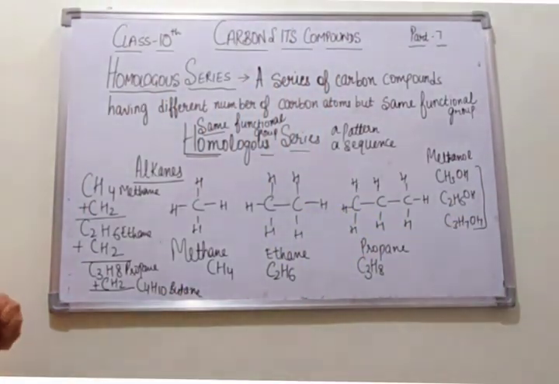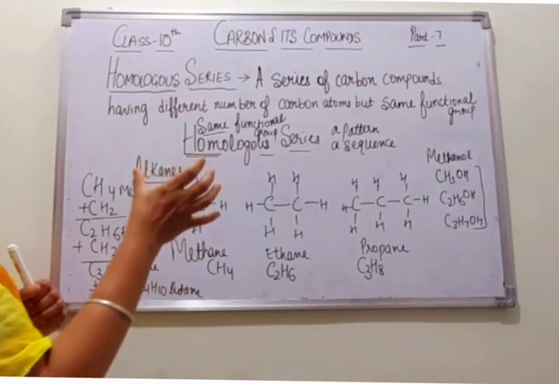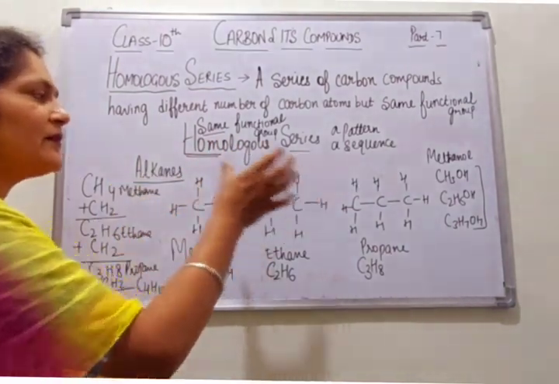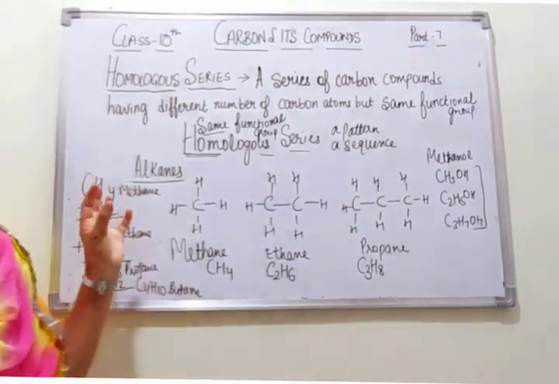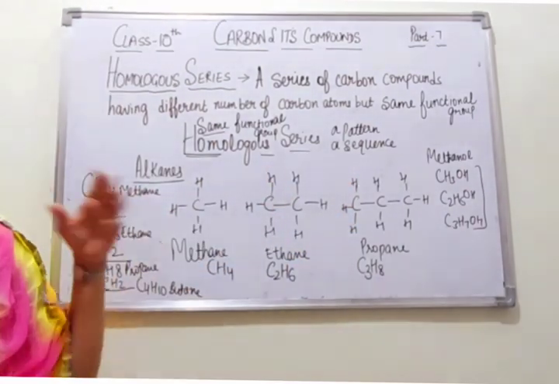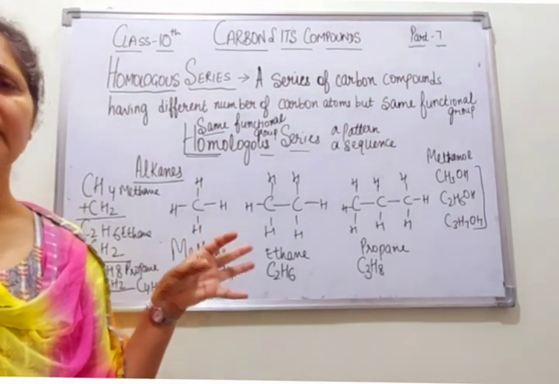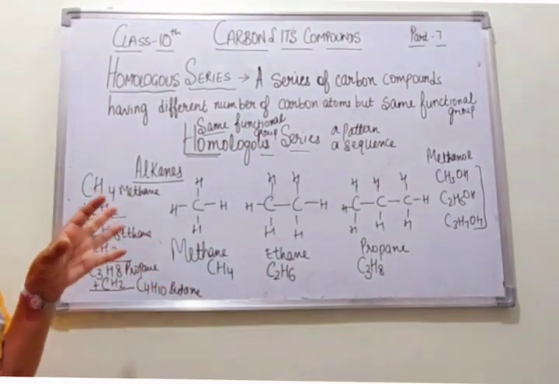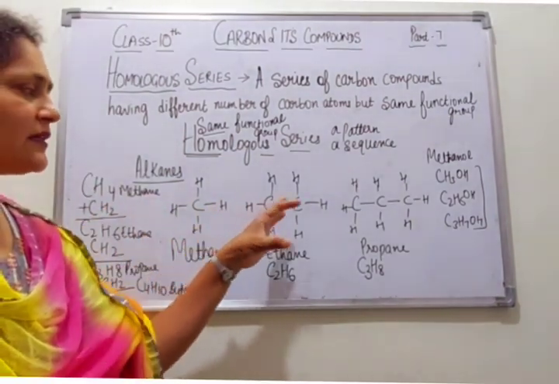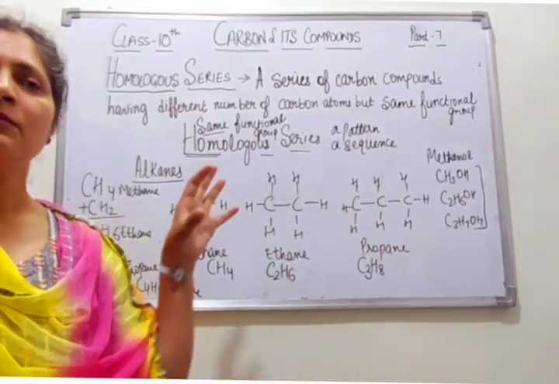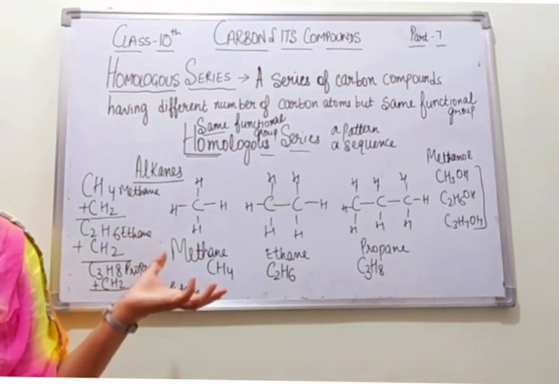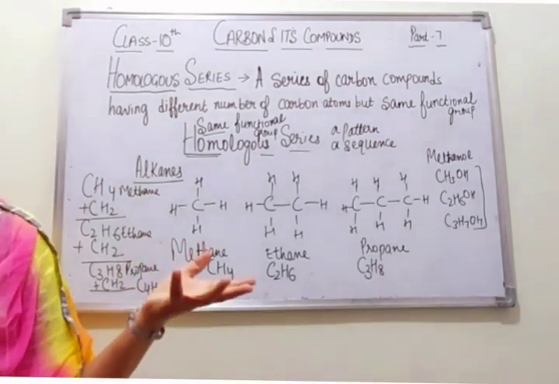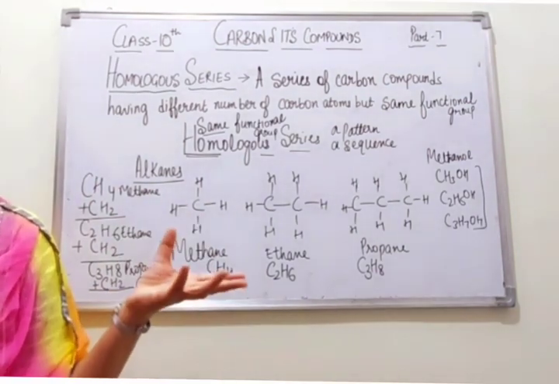Now students, in these compounds arranged in a particular pattern, the number of carbon atoms is different. It is going on increasing. So their physical properties will be different, because as we increase the number of carbon atoms, the molecular mass will also increase. So their melting point, boiling point and solubility will also change.